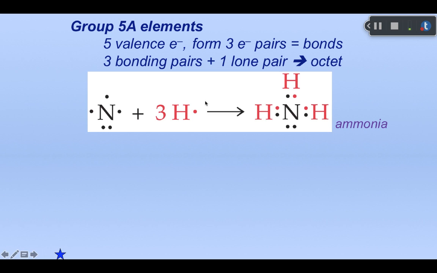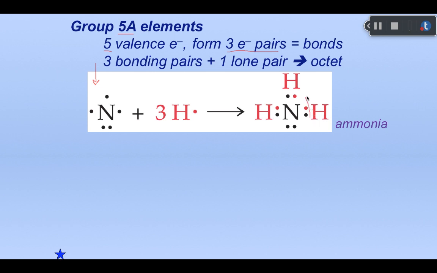Group 5A elements. As we've noted the pattern, group 5A elements should have 5 valence electrons distributed with 3 singles and 1 lone pair, as is typical with nitrogen. And those 3 singles are going to make 3 electron pairs, namely bonds. If you combine it with hydrogen, we have what's known as NH3, or ammonia.